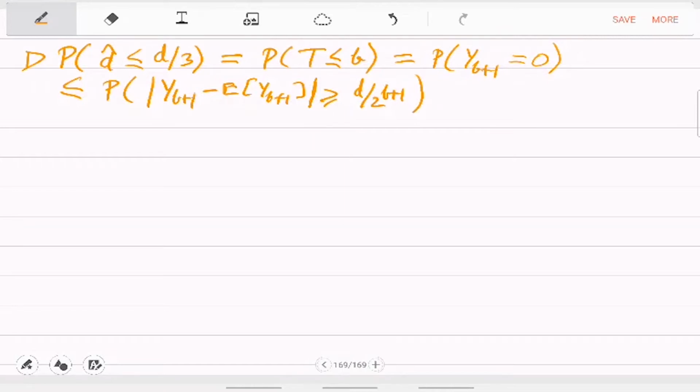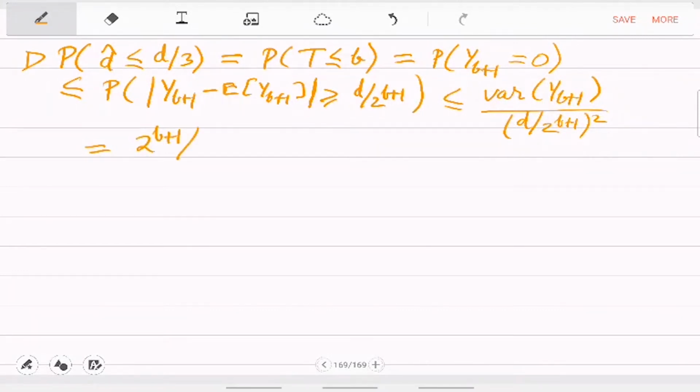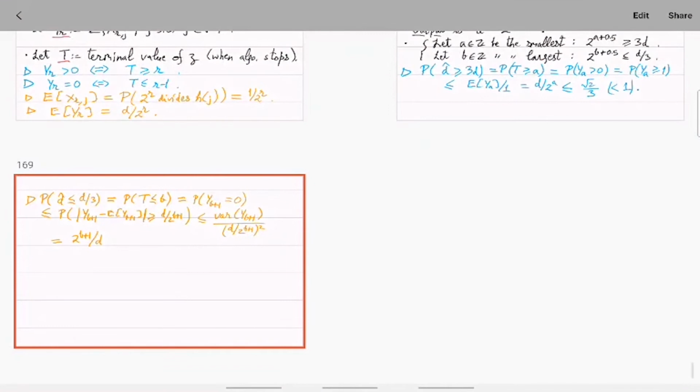So, that chance is limited by variance, right, which is, so variance is in fact this d over 2 raised to b plus 1. So, this is 2 raised to b plus 1 by d, and 2 raised to b plus 1 by d comes out to be again square root 2 by 3.